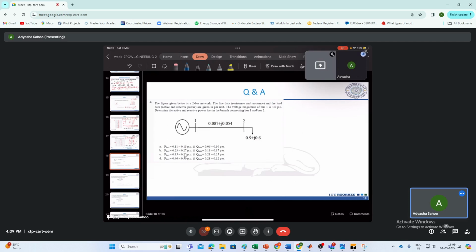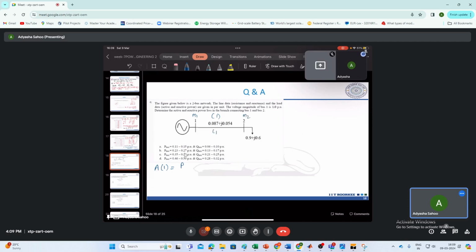Let me call this branch 1, 2. Now this is branch 1 simply. So A1 was, M2 is the receiving end, right? This is M1, this is M2.